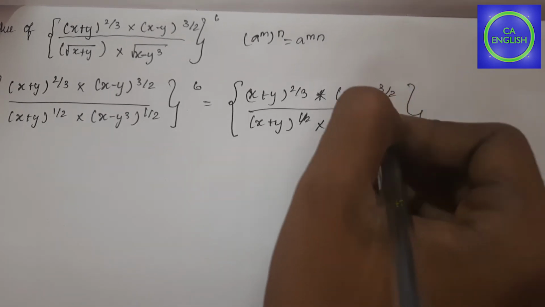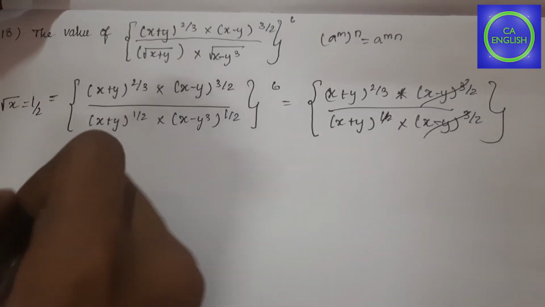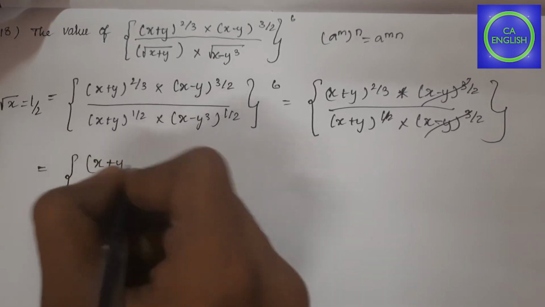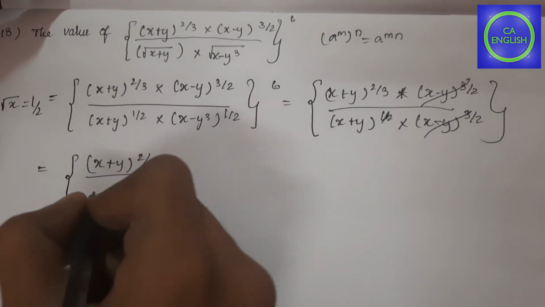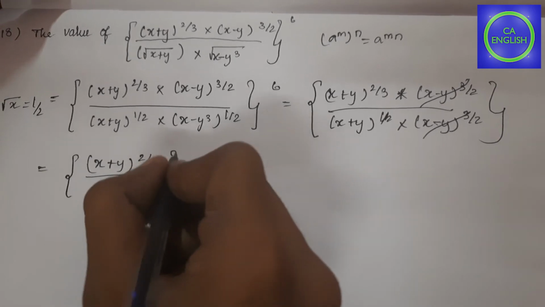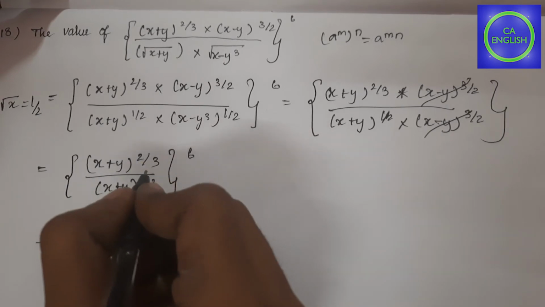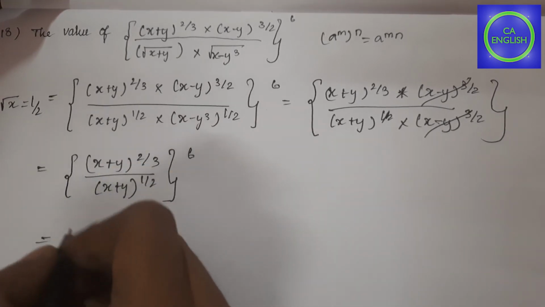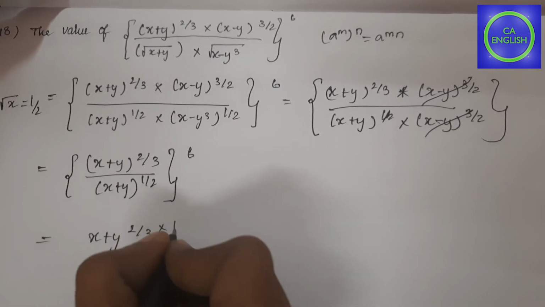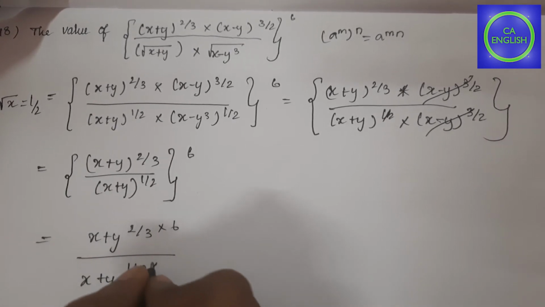And we can cancel these both. If we cancel, the next answer will be whole bracket x plus y 2 by 3 divided by x plus y the whole power 1 by 2 and the whole power of 6. Now we can bring the 6 into this, and we can cancel some terms. x plus y power 2 by 3 into 6 divided by x plus y 1 by 2 into 6.